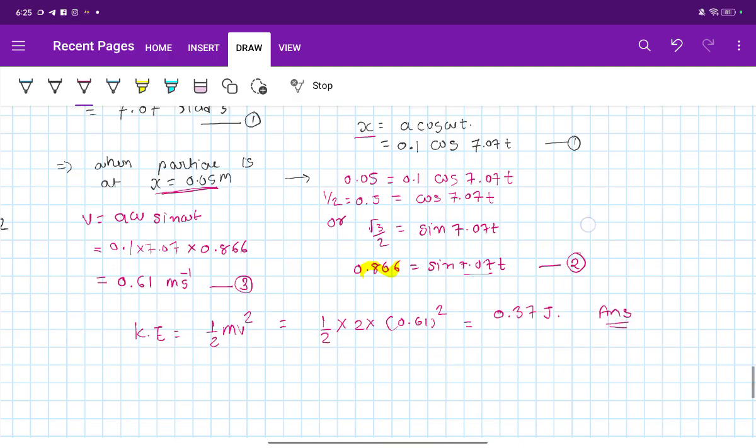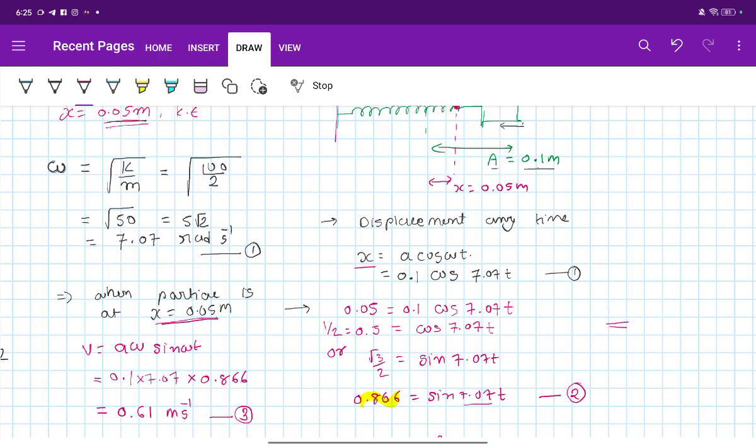So what we did was, first of all, we found out the angular frequency. Then we wrote down the displacement equation, and from here we found out the value of sine omega t.